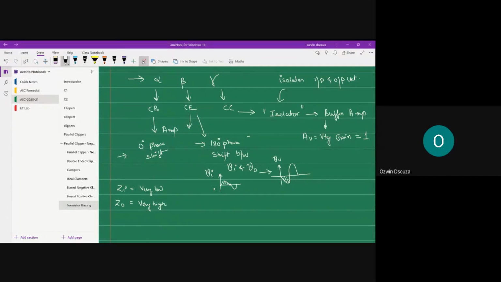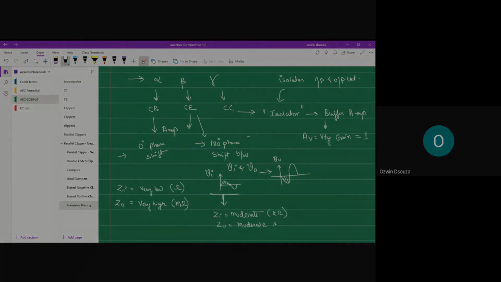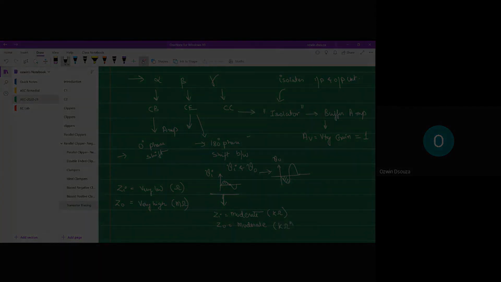On the other hand, in case of common emitter, input impedance is moderate and output impedance is also moderate. Very low means a few ohms, very high means up to a few mega ohms. Moderate means some kilo ohms.